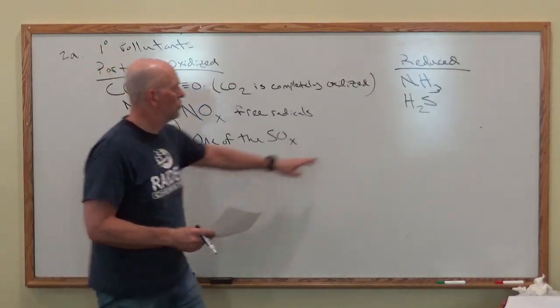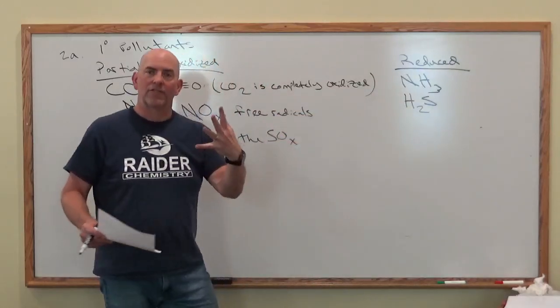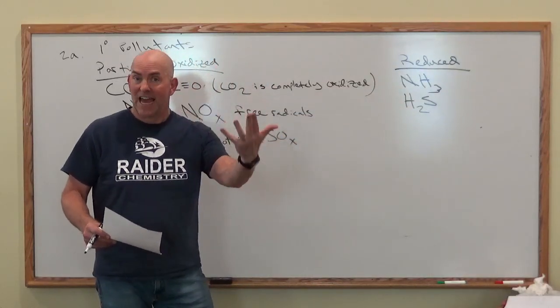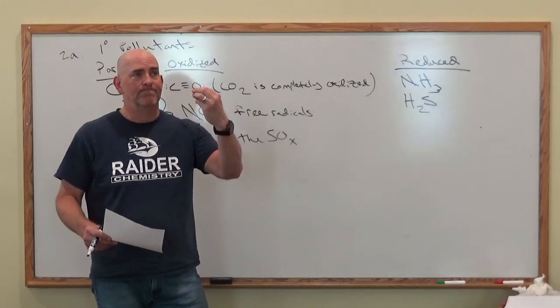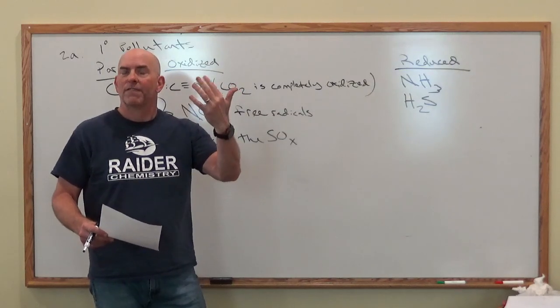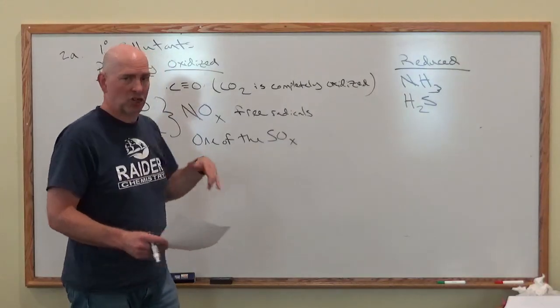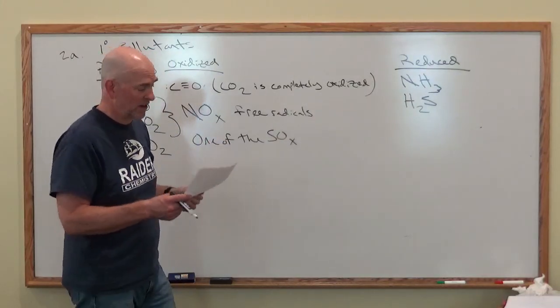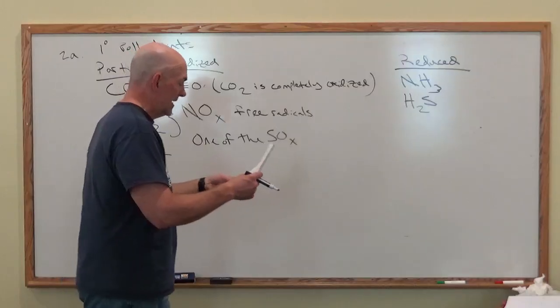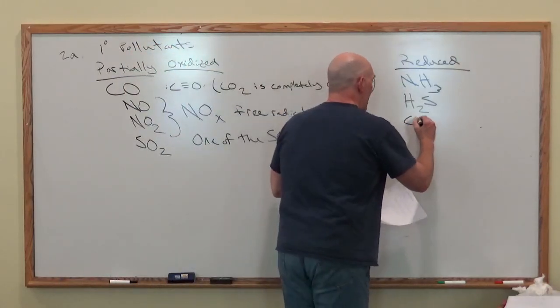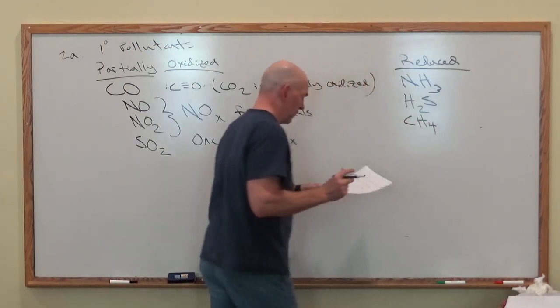The SO2 and the H2S, if you've ever smelled rotten eggs, if you will, coming off of a fossil fuel burning power plant, it's likely because of the sulfur content of the coal or other aspect of the fossil fuels. Methane is the reduced form of carbon.